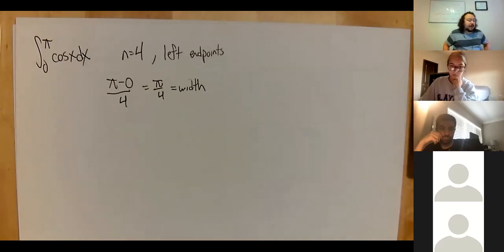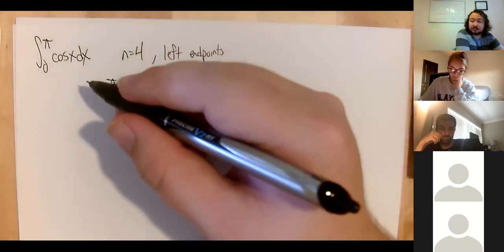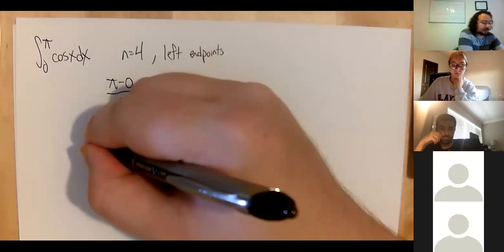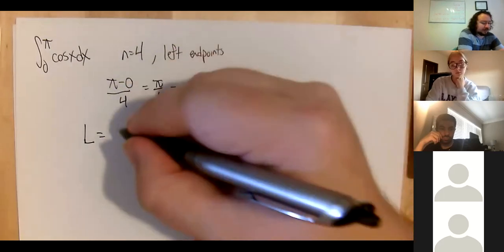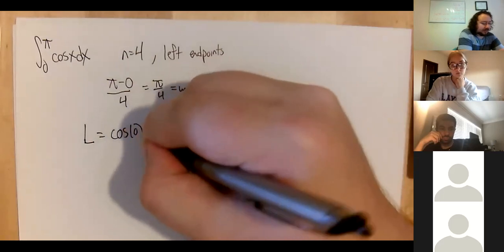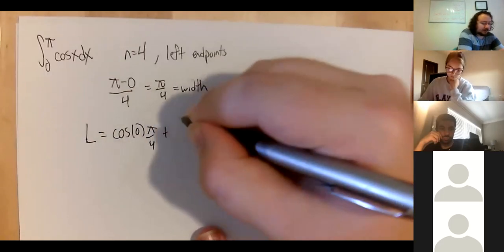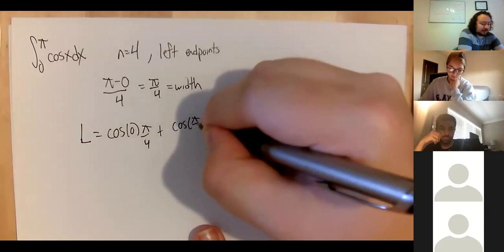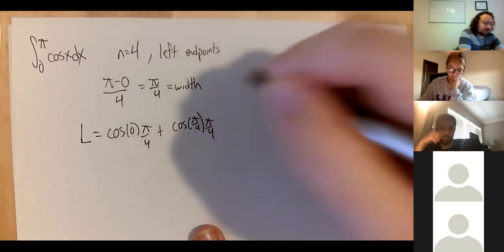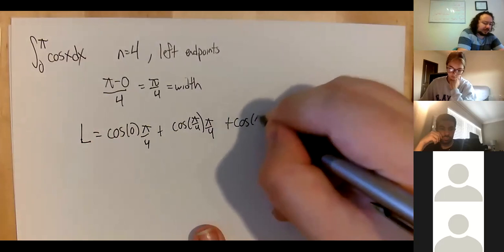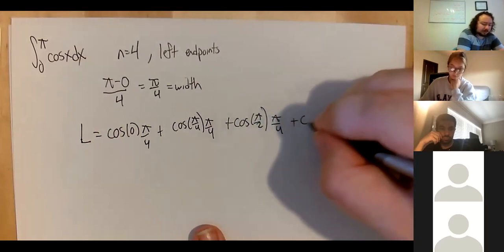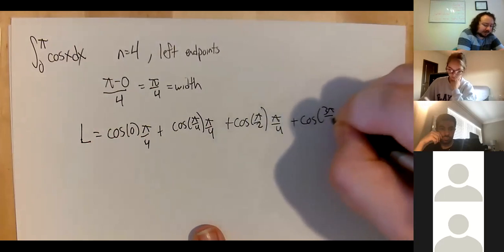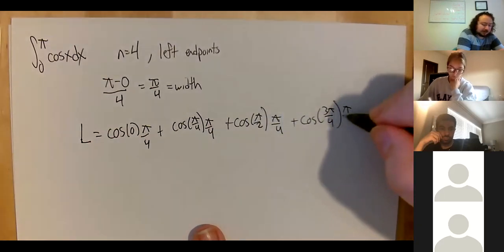All right, now how do we get the height of each of them? Well, what we do is we use the left-hand endpoints of each of these intervals. So our left Riemann sum will be cosine of 0 times pi over 4 plus cosine of pi over 4 times pi over 4 plus cosine of pi over 2 times pi over 4 plus cosine of 3 pi over 4 times pi over 4.